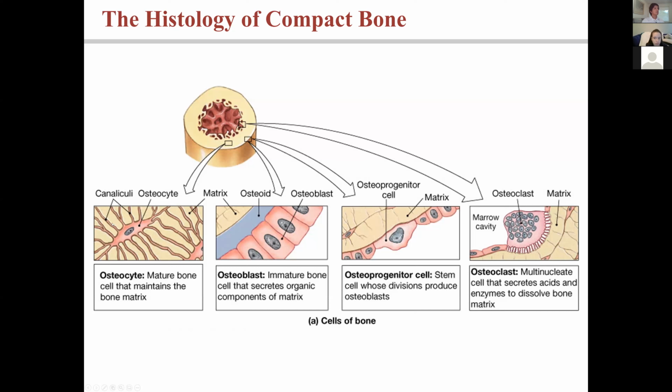All right. So here you have osteocytes residing within this calcified matrix.